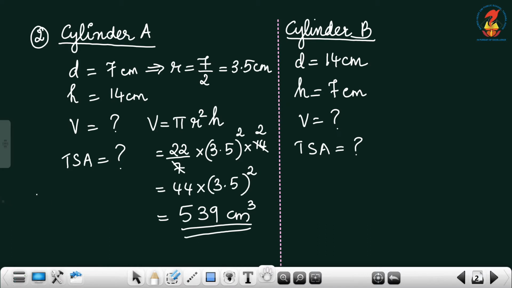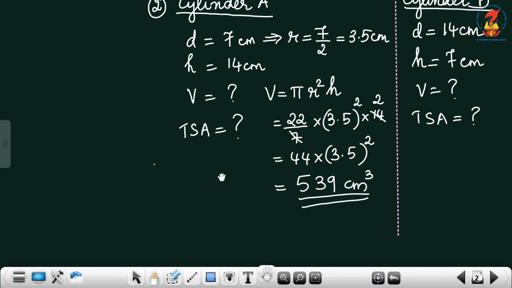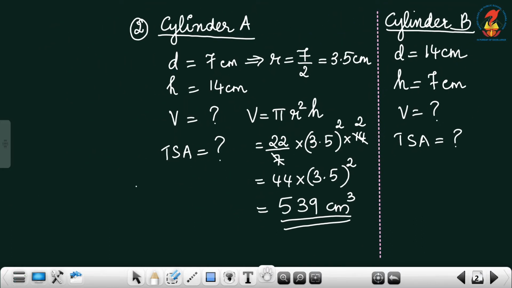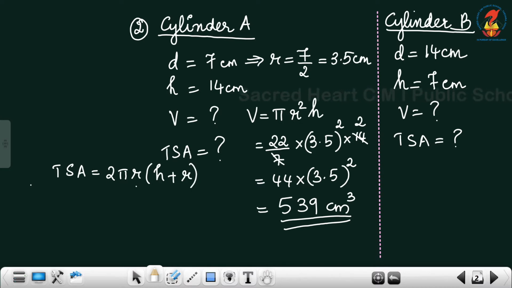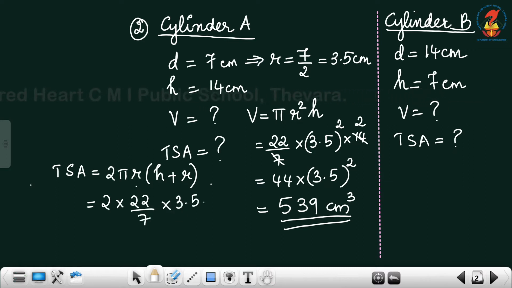Then we can find the total surface area of cylinder A also. What is the formula to find the total surface area? TSA of a cylinder is equal to 2 pi r into h plus r. 2 into 22 by 7 into, what is the radius? 3.5 into 14 plus 3.5.